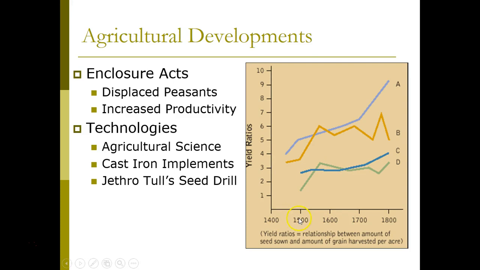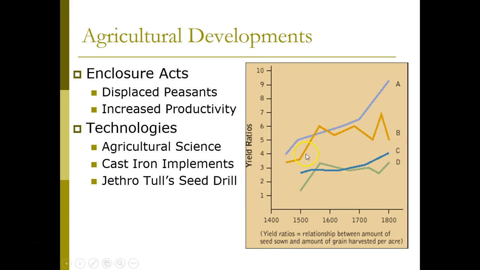And then you've got the dates down here. Now, the blue line right here is Britain. What you will notice is that beginning in 1700, the yield ratio, the amount of food produced, just in farming the exact same amount of space with the exact same number of seeds, the food production skyrockets.